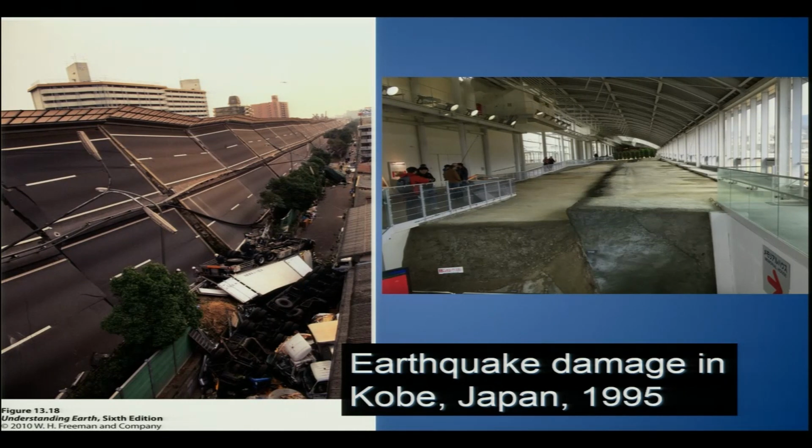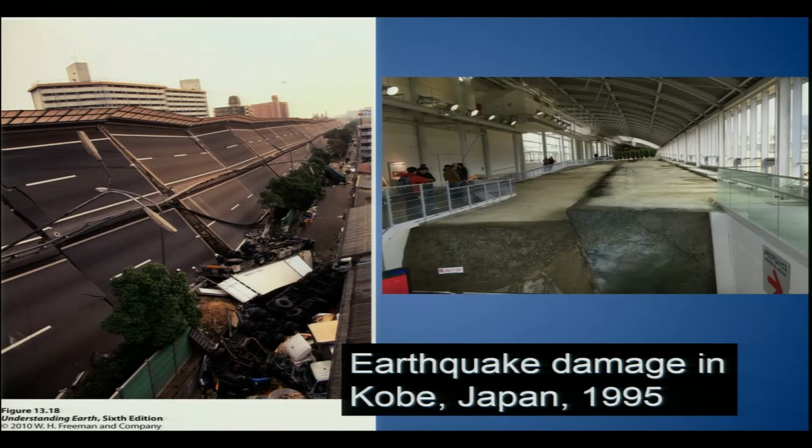Whether Japan was ready for such damage, the answer is no. But after 1995 they have done extensive studies to identify such fault lines, or the regions or areas where the likelihood of a future earthquake is certain.